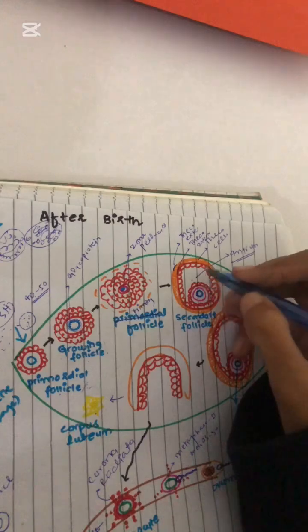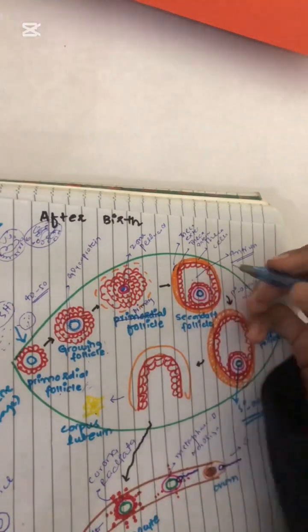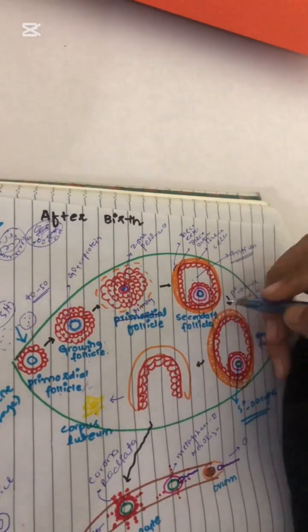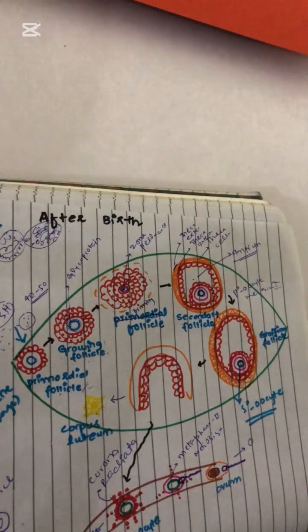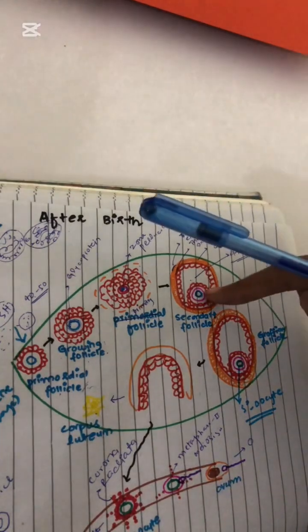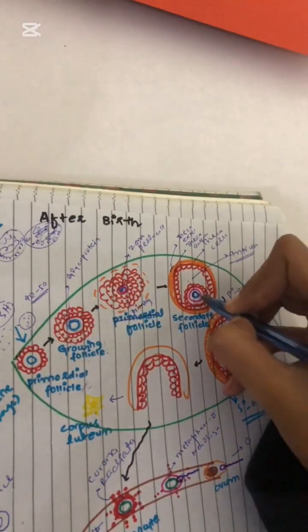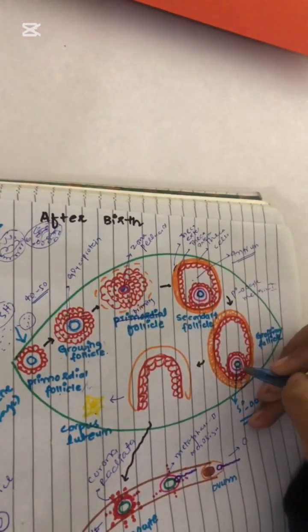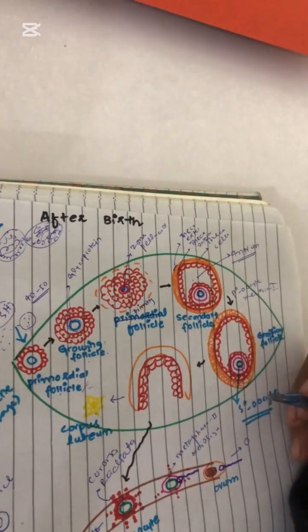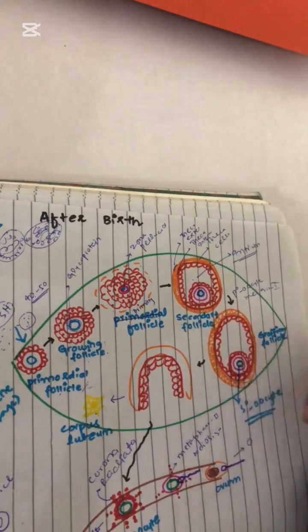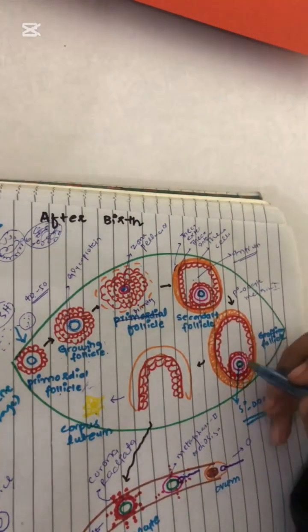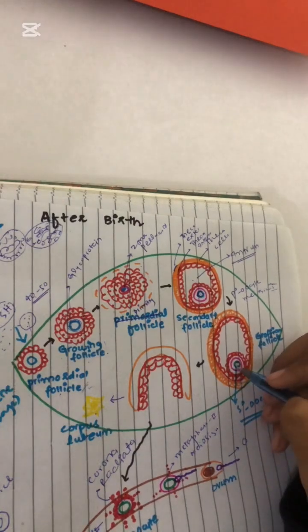Then when the fluid filled cavity accumulates between them, which is called antrum, the follicle is called secondary follicle. And at the secondary follicle, what happens? The primary oocyte, in these stages it is primary oocyte, completes its prophase 1 to form secondary oocyte, meiosis 1. Now it starts its meiosis 2, but is arrested at the stage of metaphase 2.